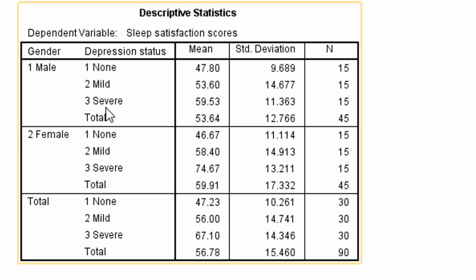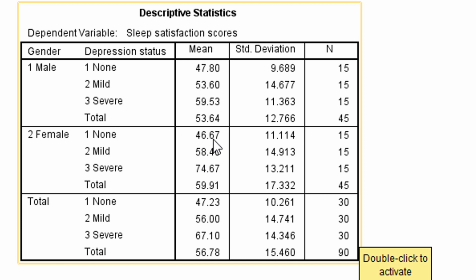The mean sleep satisfaction for males with severe depression is 59, with mild depression 53, and with no depression 47. The score of females with severe depression is 74, for mild depression 58, and for no depression 46.